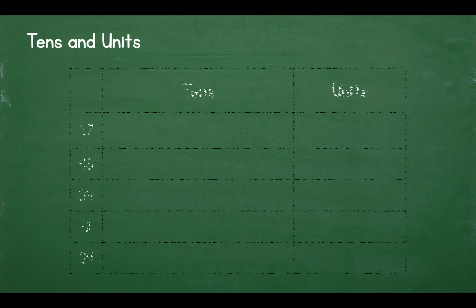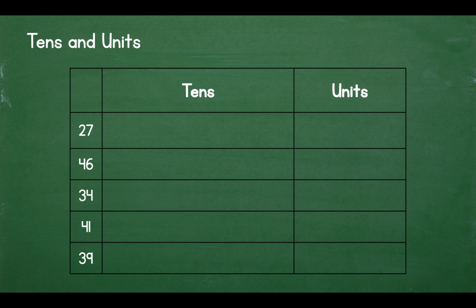Now, moving on, we're going to look at this chart. And on the side of the chart, you can see some numbers. And we're going to fill in our chart using our tens and units. So I want to break down this number 27 into our tens and units. Kind of like what we did a few seconds ago, but without our blocks.